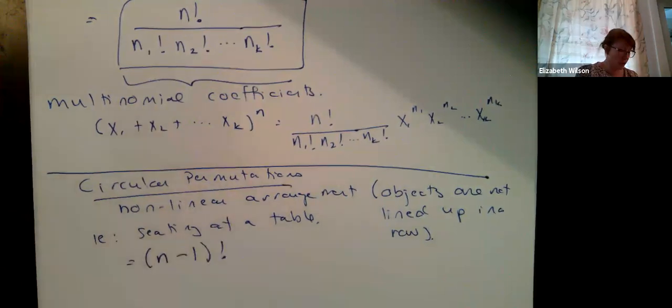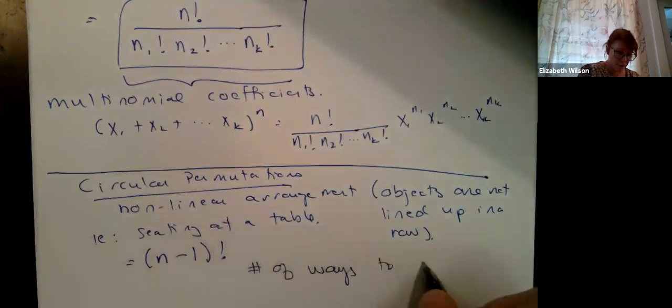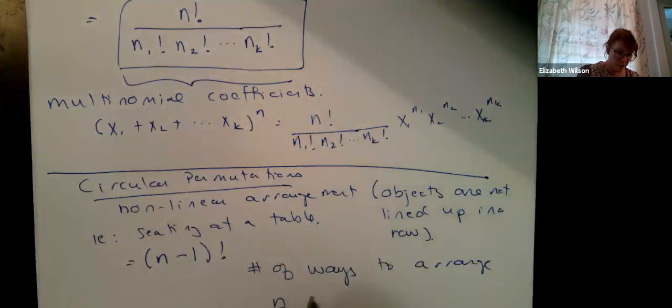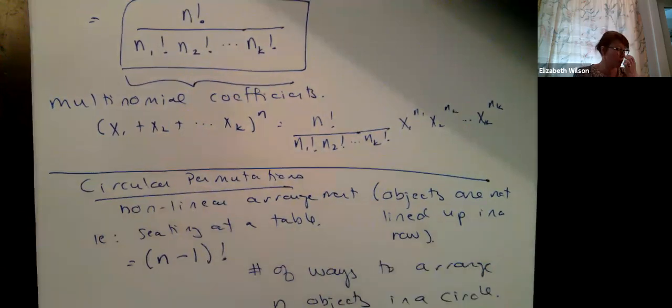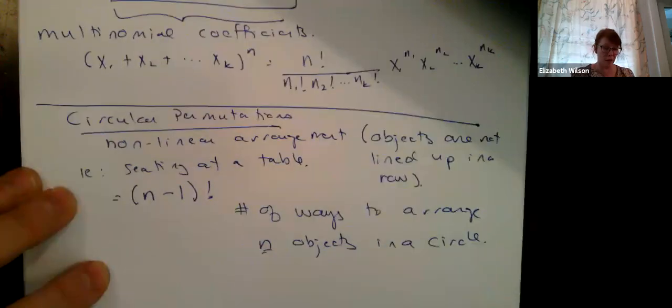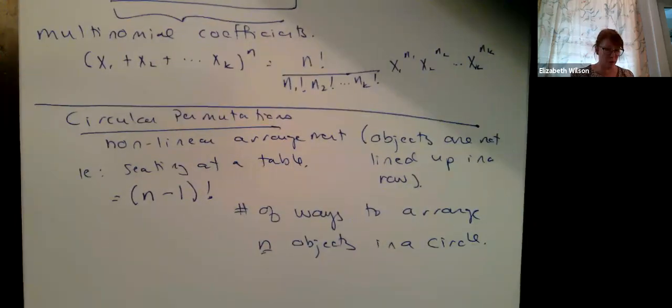So this is the number of ways to arrange n objects in a circle, like pistons firing in an engine. It's n minus 1 factorial is how we're thinking about it in a circle.